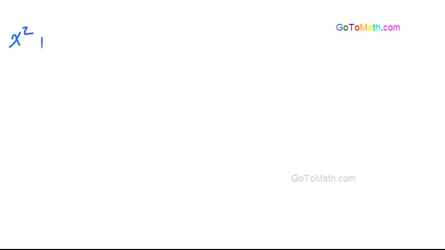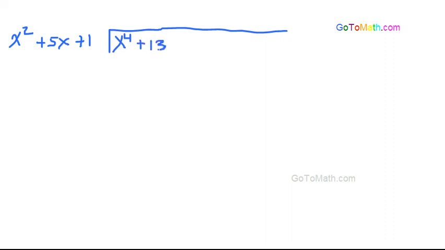So we have x squared plus 5x plus 1, and that's going to go into x to the fourth plus 13x cubed plus 48x squared plus 43x.